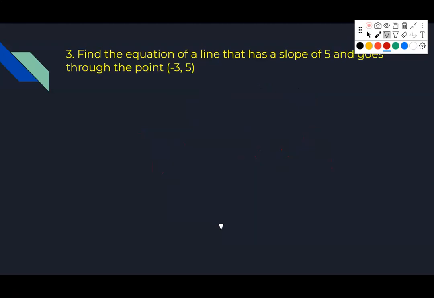Number 3, find the equation of a line that has a slope of 5 and goes through the point -3, 5. So this is an ordered pair, so we have x, y. So write an equation of a line. Again, let's use y equals mx plus b.